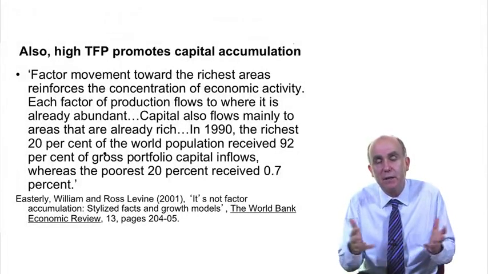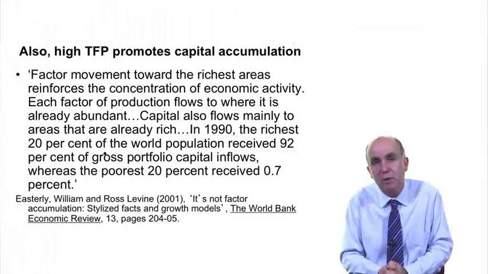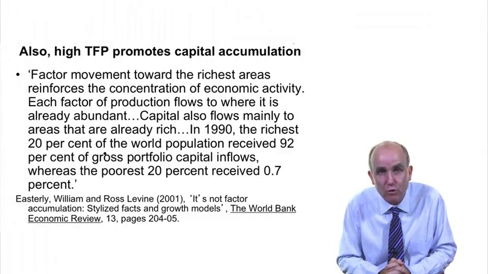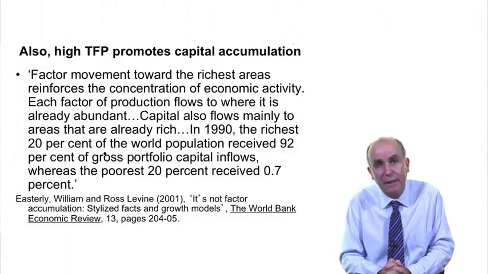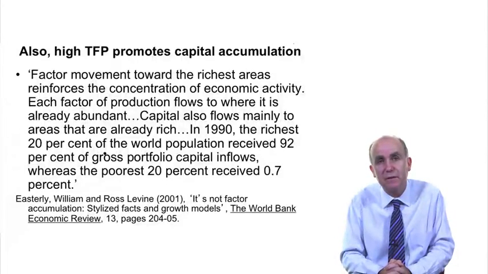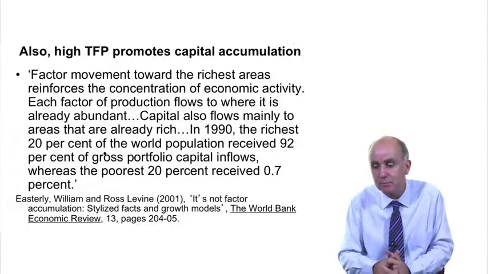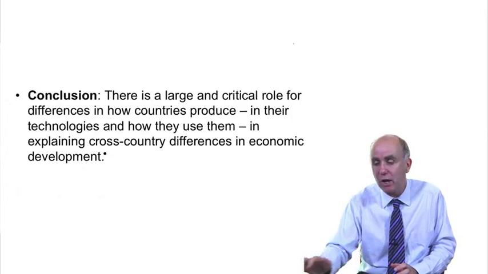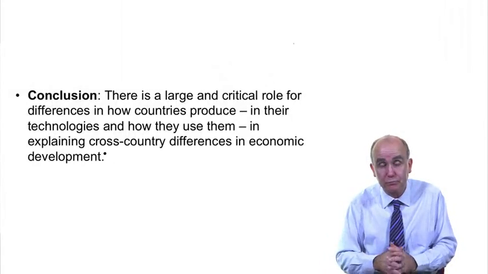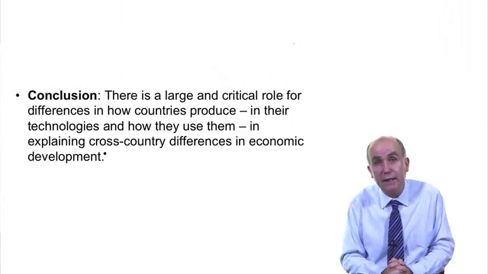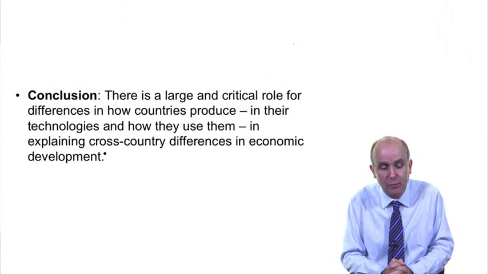So TFP on its own account is important, but it also drives capital, physical and human capital accumulation to some degree. So we should think of differences in efficiency as being an important driver of differences in countries' GDP, whether they're rich or poor.